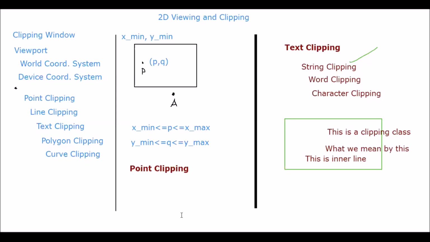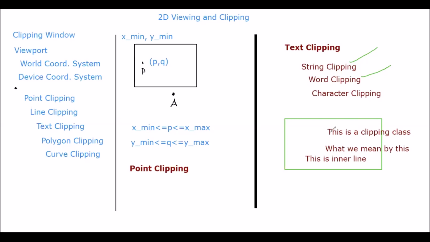Next is word clipping. When we say word clipping, either the complete word will be visible or it will be completely clipped out. So word clipping comes next to string clipping. Like the second line that we wrote here, what we mean by this: it will be available, by this will be clipped out.